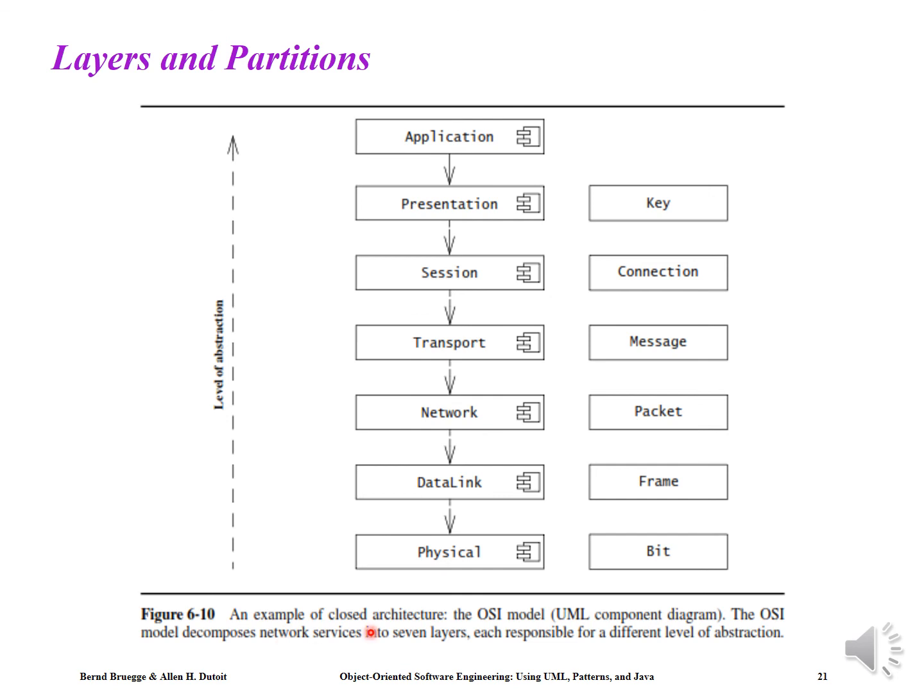So this is an example of closed architecture, the OSI model. The OSI model decomposes network services into 7 layers, each responsible for a different level of abstraction, as I told you before.